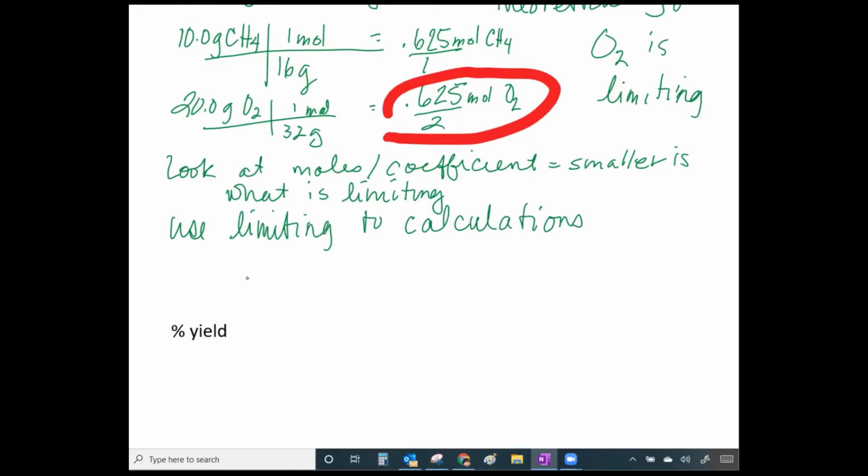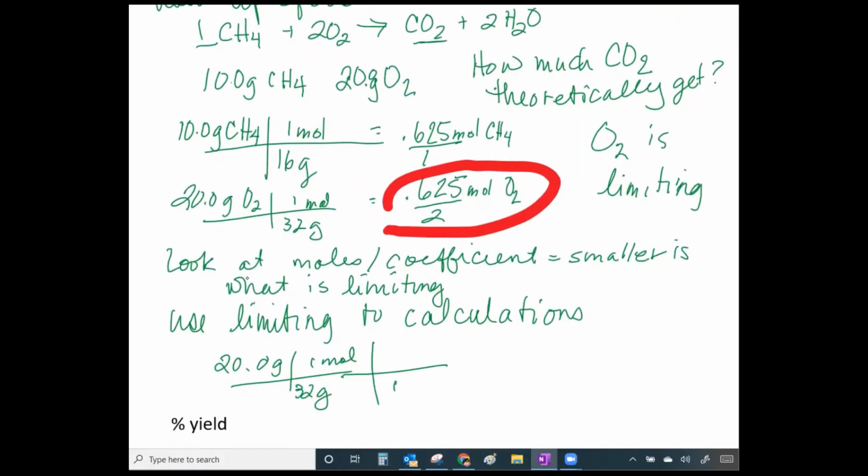So I had 20 grams of oxygen divided by 32 grams in 1 mole. And then my mole ratio, 1 mole of methane reacts with 2 moles of oxygen.